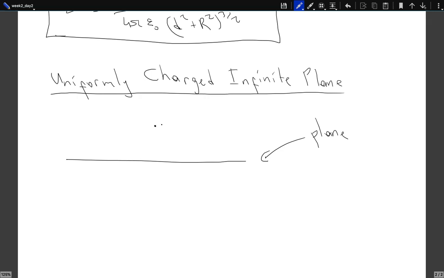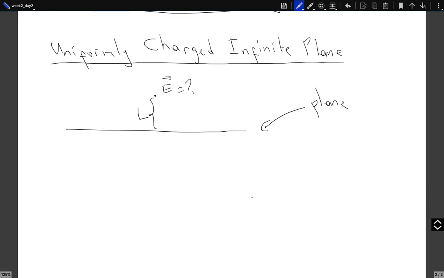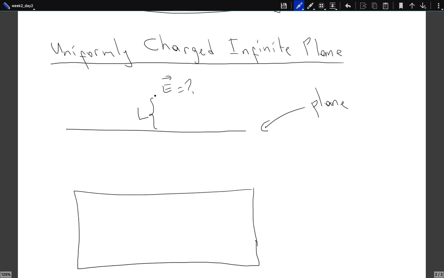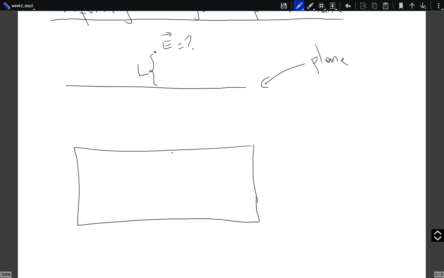I'm looking at the electric field at this point, at a distance, let's say L, from the plane. Now the top view of this, well, just assume all the sides go to infinity. I am right above this point. So the top figure is, I look just from the side, this is my plane. And this bottom view is, I look right from the top.